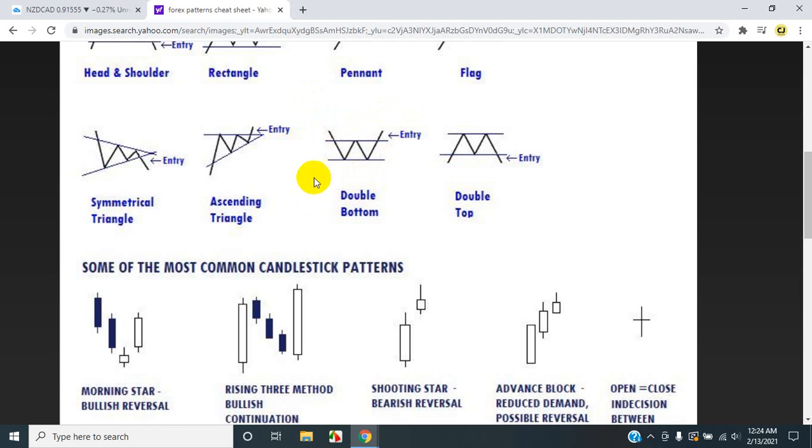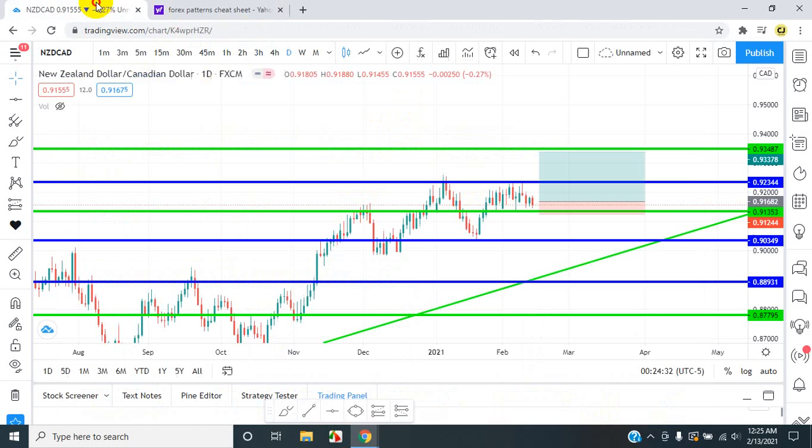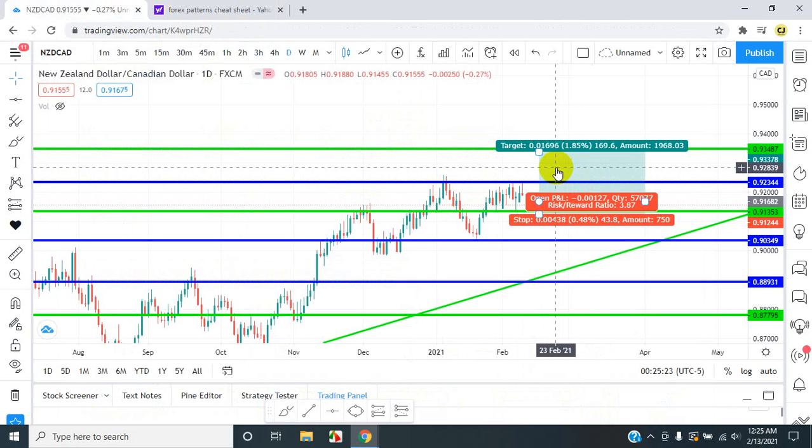It can come up from somewhere, create that W formation and push up, get that retest right here at this resistance line, and then shoot up. So we're looking for that retest that happened right next to this arrow. So this area here to come down to this line, and then once we see that engulfing pattern or some type of pattern, we'll take it up for that buy for a total of 169 pips.